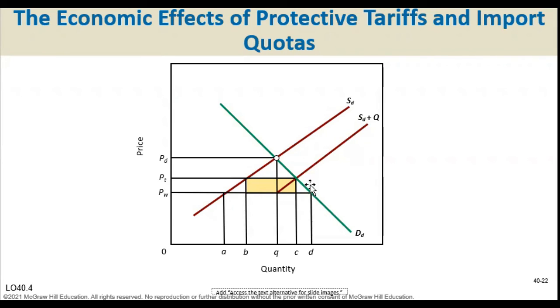Note here that this yellow area reflects the additional revenue that under a tariff will go to the government, but under the quota, this will go to the foreign producer.